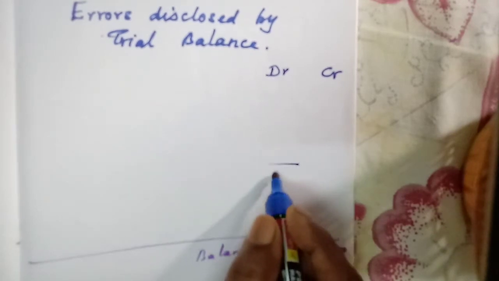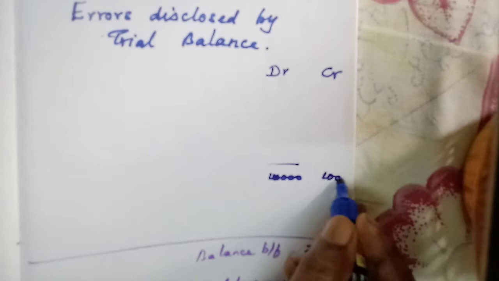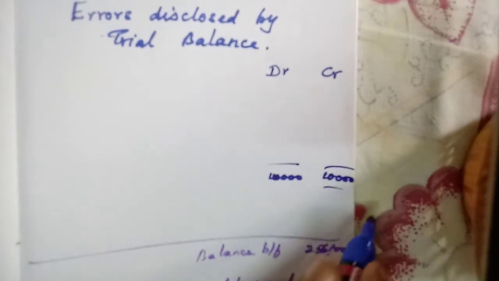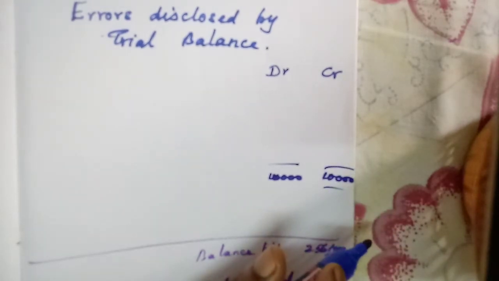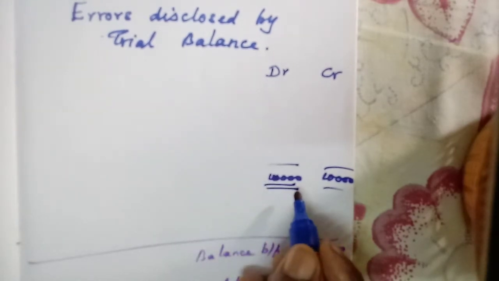If we get both the same amount, for example 10,000 and 10,000, we can consider to some extent that we have not made any mistakes, okay, no errors.